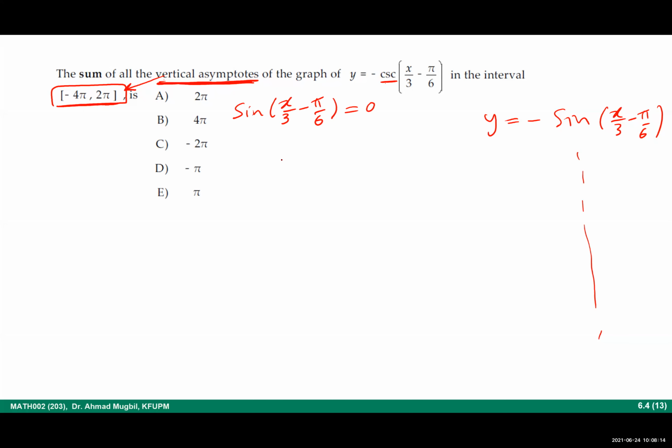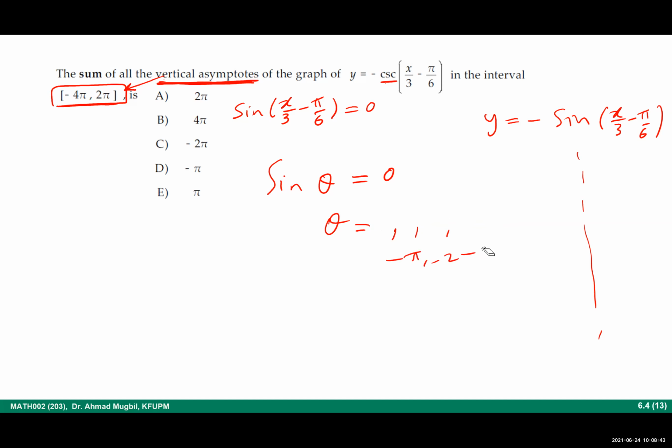So sine of whatever equals 0. If sine theta equals 0, what is theta? 0. 0 only? 0 and pi, 2 pi, 3 pi, 4 pi, negative 2 pi.